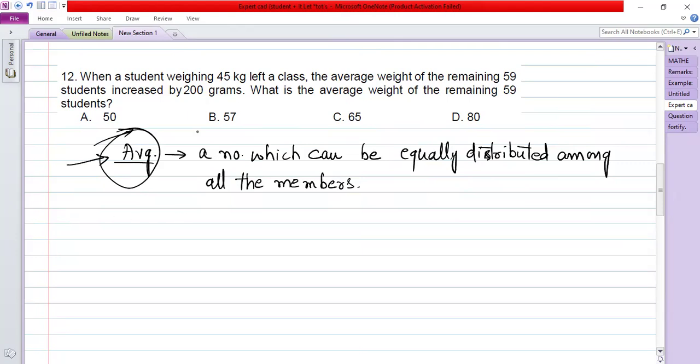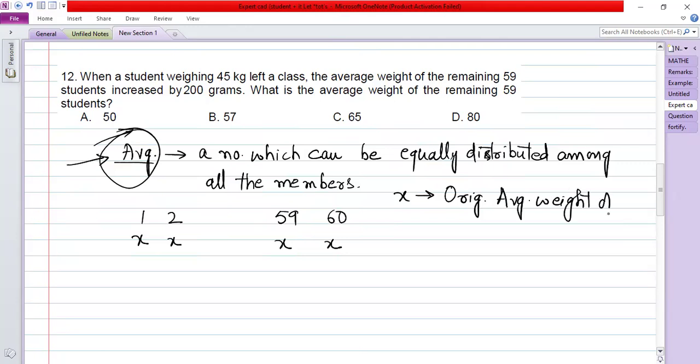So here, suppose we have 1, 2, going on up to 59 and 60. So we originally have 60 students and suppose their average weight is X. This is the original average weight of 60 students.